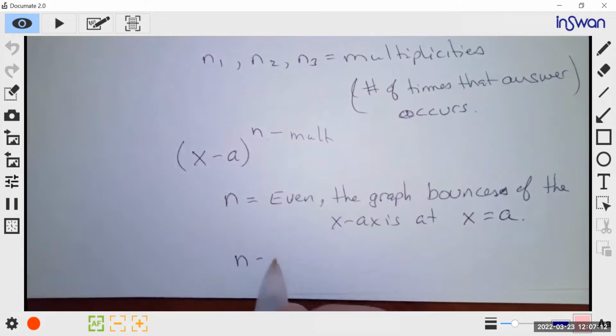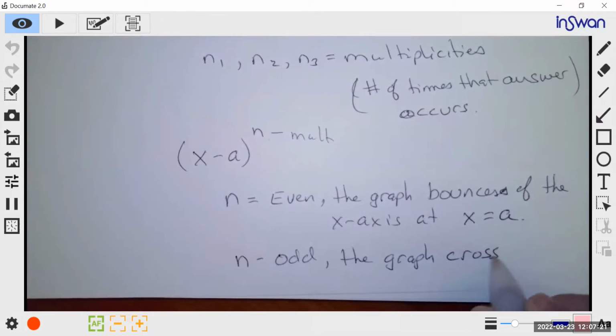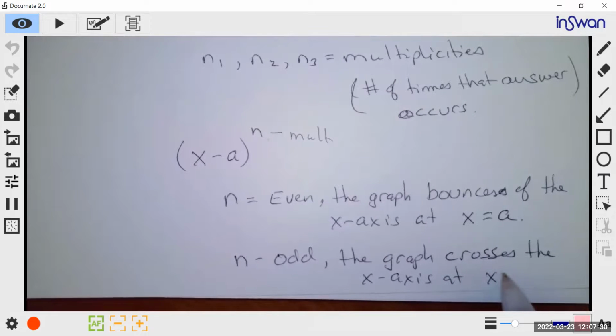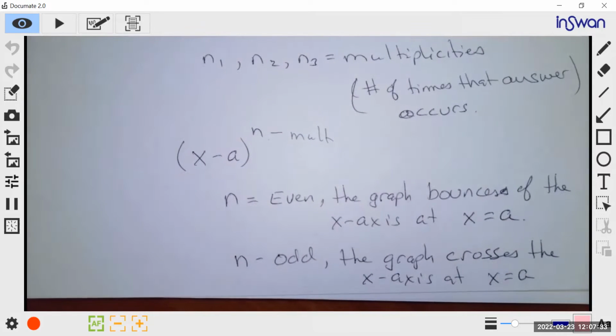If the multiplicity is odd, the graph crosses the x-axis at that solution. So this is what it says. If the multiplicity is even at that solution, at the a value, it's going to bounce. It's going to come back down on the same side of the x-axis. If it's an odd exponent multiplicity, then it's going to cross.